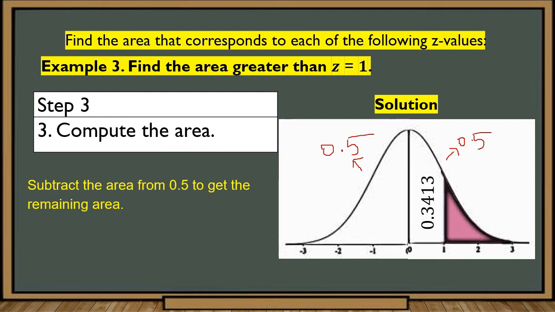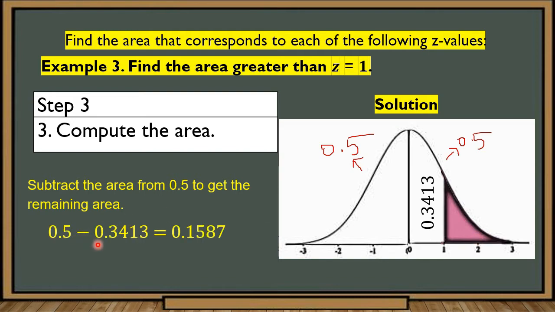So, half is 0.5, another half is 0.5. Again, we will subtract the area from 0 to 1, or z equals 1, from 0.5 to find the remaining area, which is the colored region greater than z equals 1.